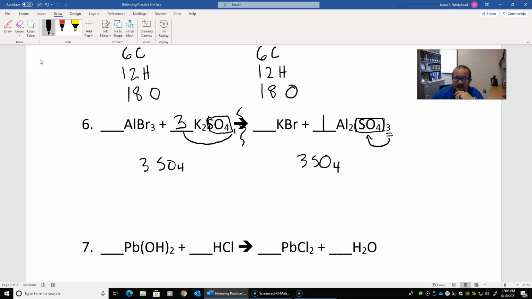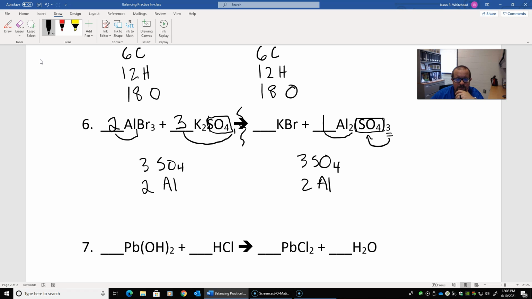Alright, by putting this 1 here, this 1 gave me 2 aluminums. 1 times 2 gave me 2. Over on the left, if I put a 2, 2 times 1 gave me 2 aluminums.